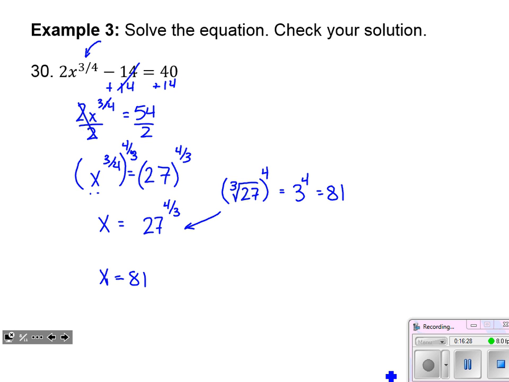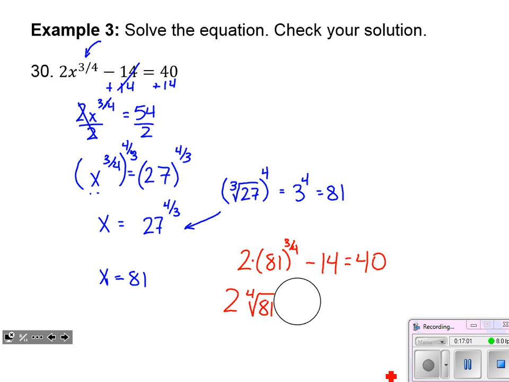And again, I'm going to check my work to make sure that raising to the 4/3 power didn't affect my answer at all. But let's see what we get. So 2 times, just plugging it back into the original, 81 to the 3/4 power, and then minus 14. Does that equal 40? Okay, so 81 to the 3/4 power, that's like the 4th root of 81 cubed, and I'm actually going to write it this way.